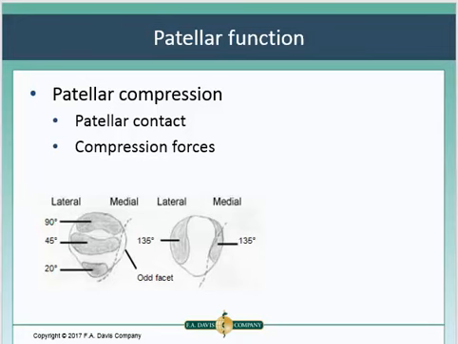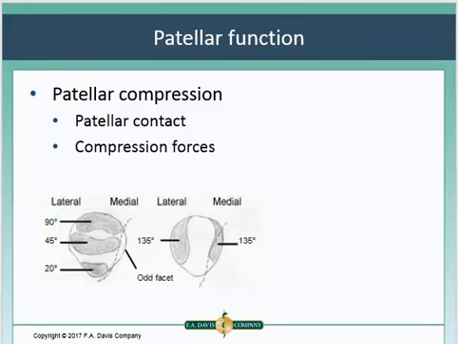And as that knee increases and the patella slides distally into the groove, that contact increases. So beyond about 60 degrees, as the knee goes past 90 degrees, the quad tendon actually starts to contact the trochlear groove and the patella slides inferiorly.